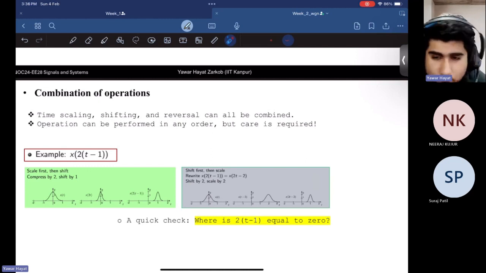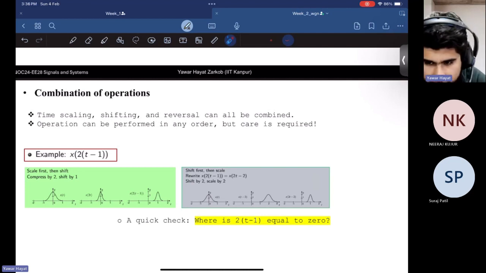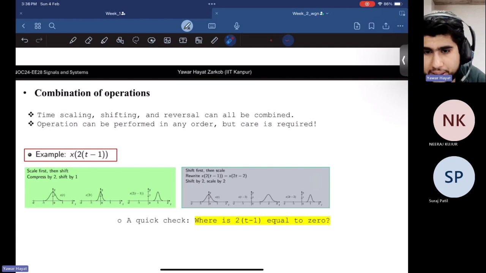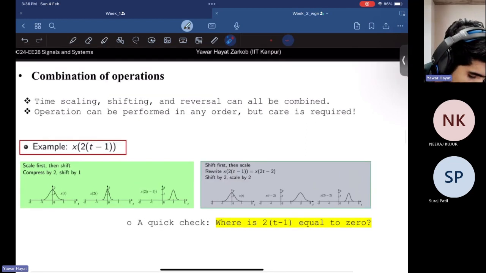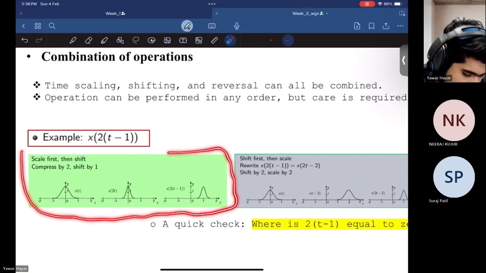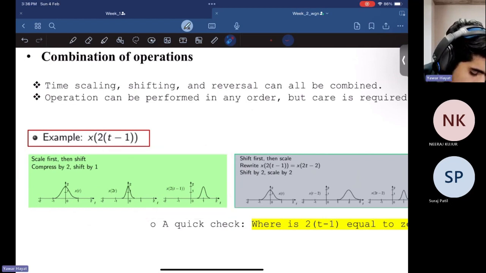Since we have multiple operations, there is no restriction on the order in which you perform them. That is not prohibited. You can follow any order. But this one is the simpler one, right?